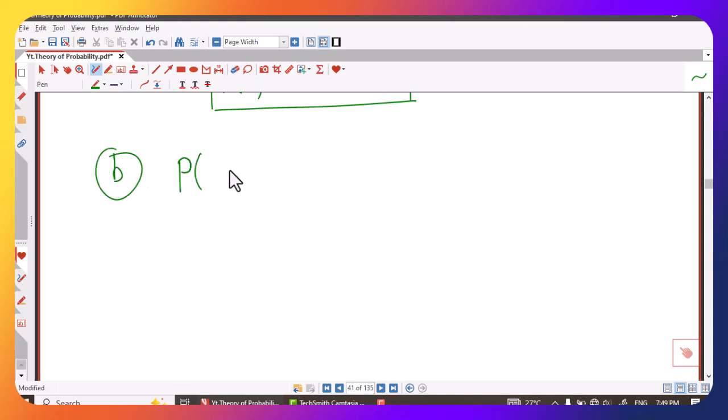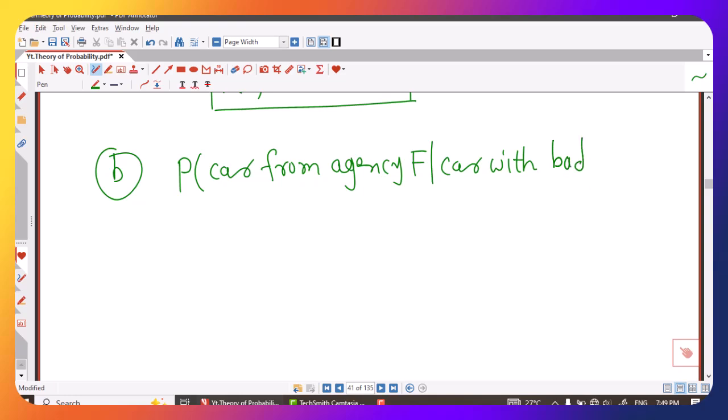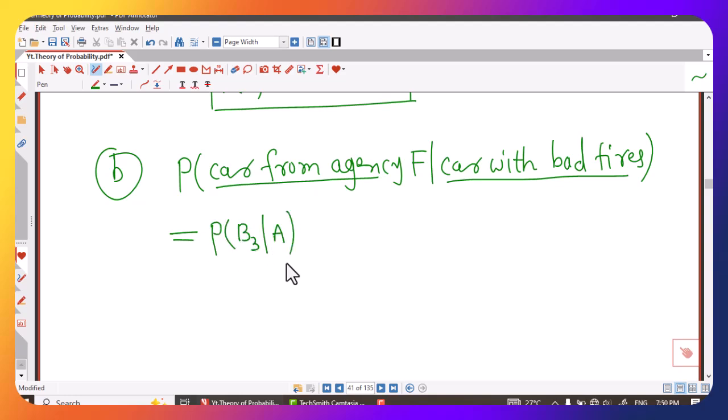So now we write that the car is rented from agency F given that the car has bad tires. This is what they have asked: what is the probability that a car with bad tires was rented from agency F? In our notation this becomes the probability of B3 given A, and now we will use Bayes theorem.